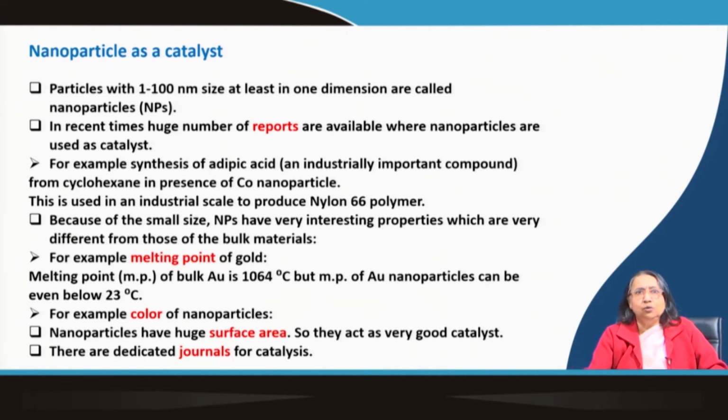That is why one dimension is coming. Because one dimension here, that is the diameter, is 50 nanometer, even if the length is much higher, 1000 nanometers, beyond the 1 to 100 nanometer size range, still it will be called a nanoparticle. Because it is a nanowire, it is called nanowire.